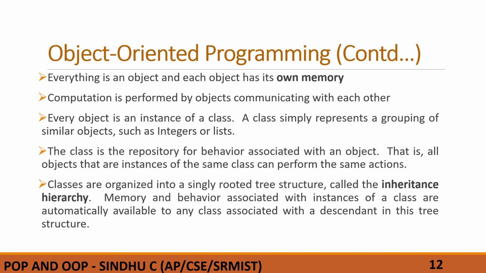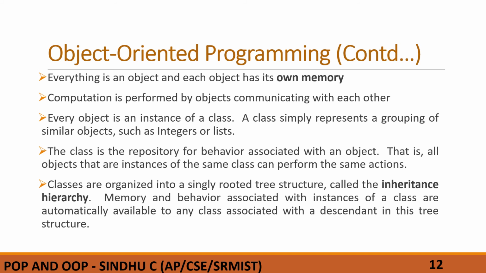A class also says, apart from attributes, what are all the operations that can be performed on those attributes. So all objects that are instances of the same class can perform the same actions. And classes are organized into a singly rooted tree structure, and this is called inheritance hierarchy.